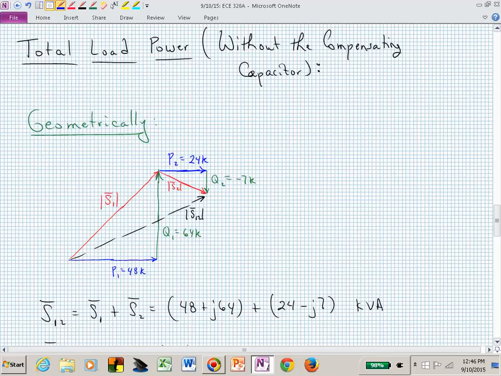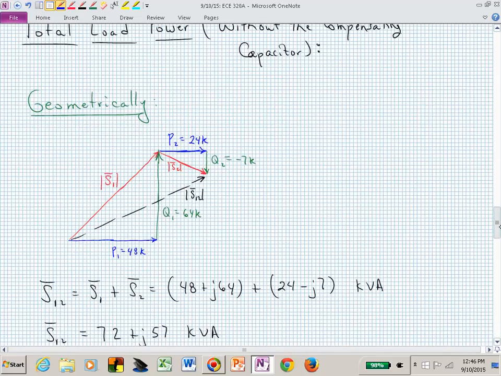Load 1 or the combination of the two loads? The combination. Load 2 is helping you to reduce that angle. It's doing some power factor correction for you. It's moving vertically down without going too far to the right, and that now allows us to have a smaller net angle.